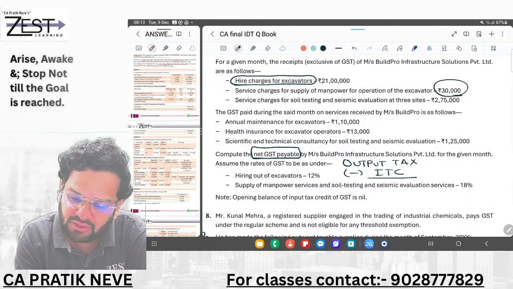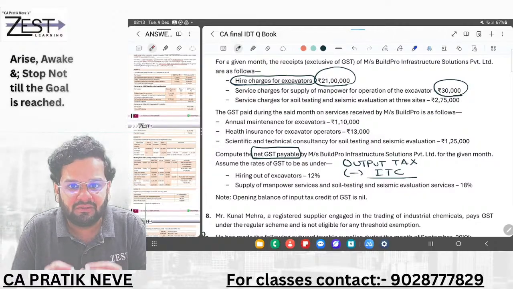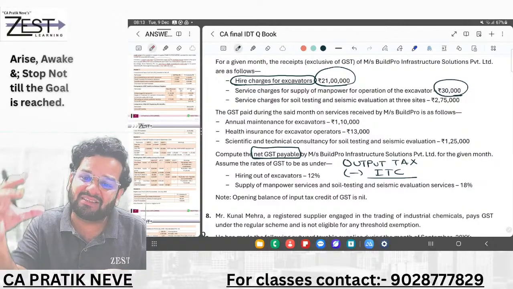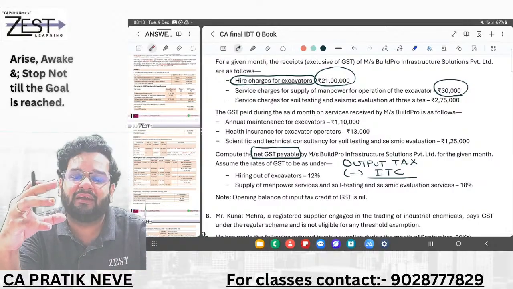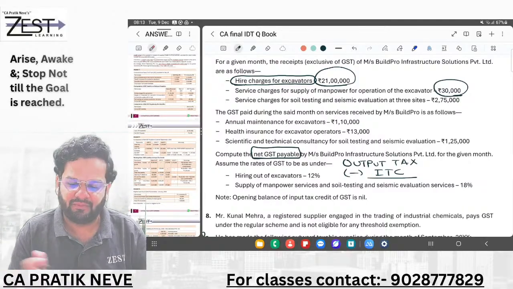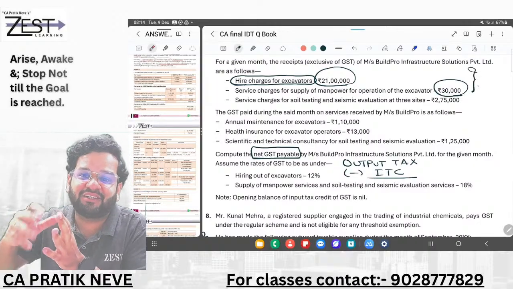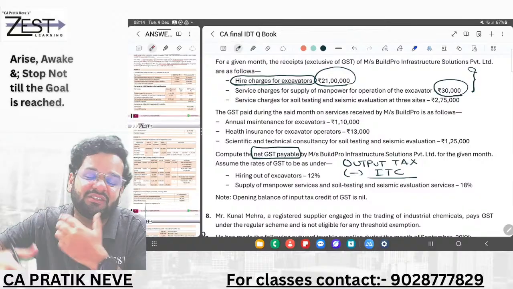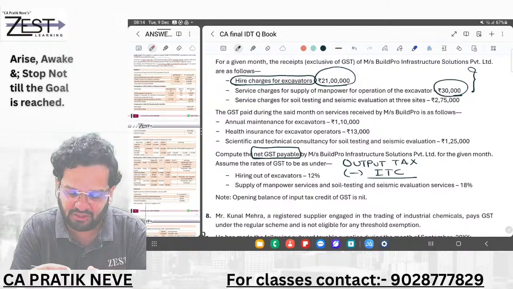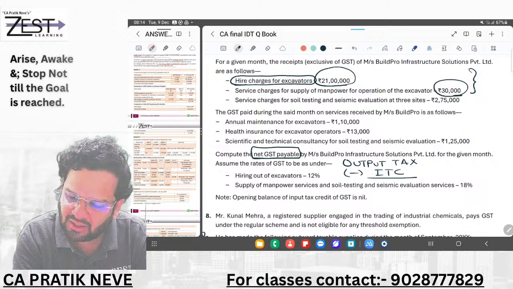But this 21 lakh and 30,000 can't be treated separately, because excavators are compulsorily supplied with operators of excavators, and those services are never given individually. So these both services are connected with each other. So actually 21 lakh 30,000 is the total.